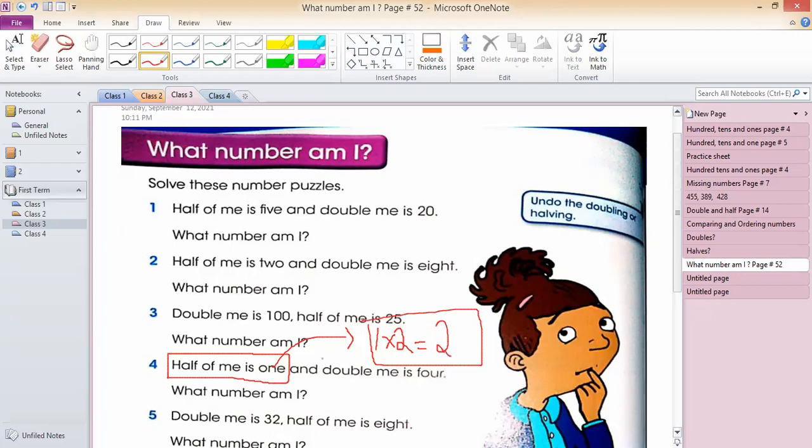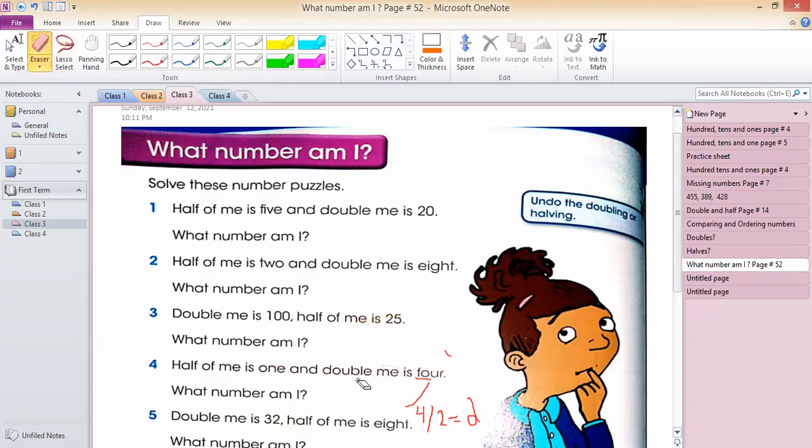Or use the second hint. Double of me is 4. So find out the half of 4. 4 divided by 2 is 2. In both ways, you will find the same answer. That is 2. That number is 2.